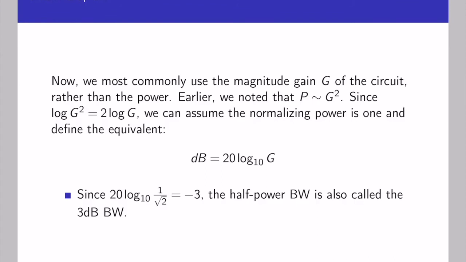Typically, we use the magnitude and gain of the circuit rather than the power. Since power is proportional to gain squared, the log base 10 of the gain squared is going to be 2 times the log base 10 of G. Based on this, we can assume our normalizing power is 1 and define decibels to be equal to 20 log base 10 of G. So be careful to notice whether you're using gain, in which case the decibels will be 20 log base 10 of G, or if you're using power, in which case decibels will be 10 log base 10 of the power.